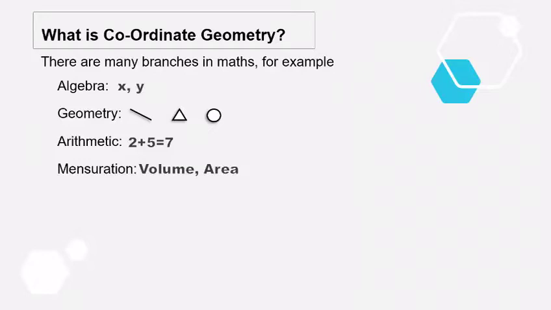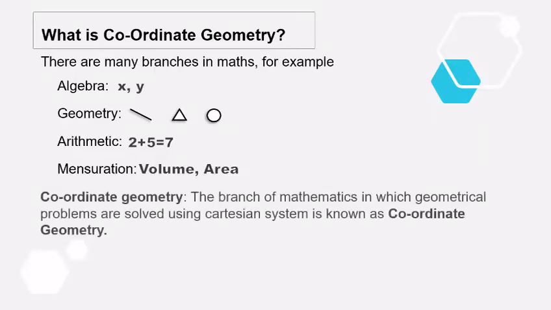Let's see the definition of coordinate geometry. The branch of mathematics in which geometrical problems are solved using Cartesian system is known as coordinate geometry. It means if you are using Cartesian system to solve any geometrical problems, that branch is called coordinate geometry.